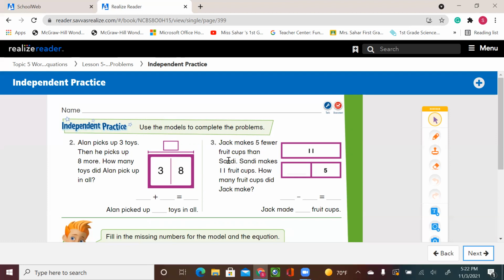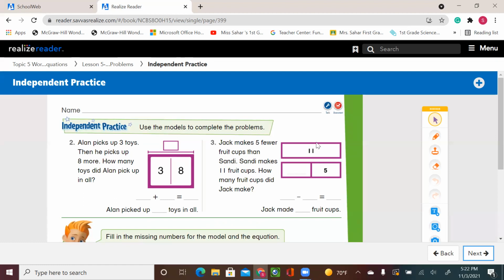All right, let's see number 3 as well. Jack makes 5 fewer fruit cups than Sandy. Sandy makes 11 fruit cups. So now I know that Sandy made 11 fruit cups. I know that Jack makes 5 less or fewer than Sandy.